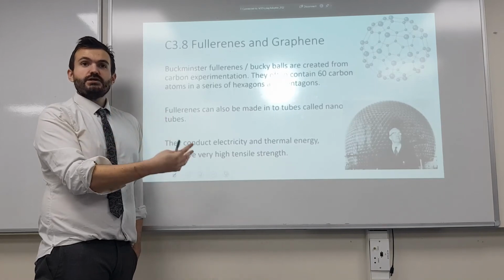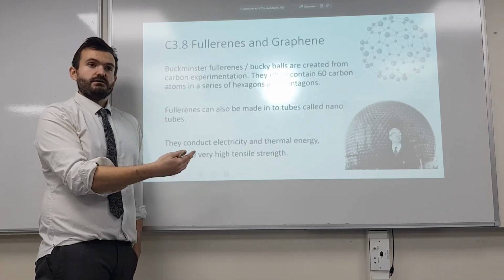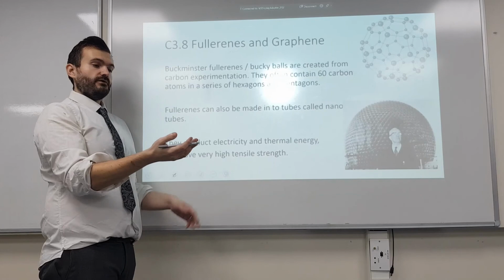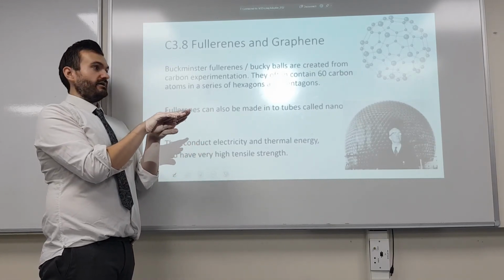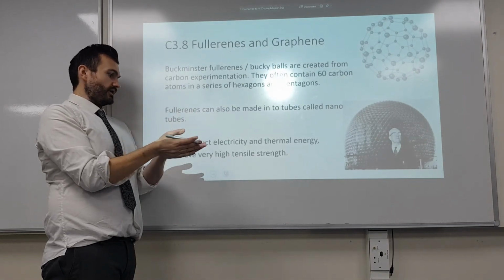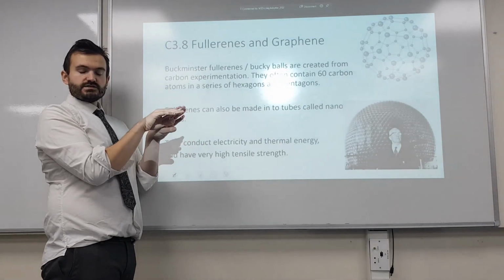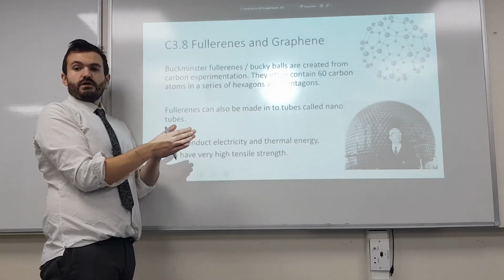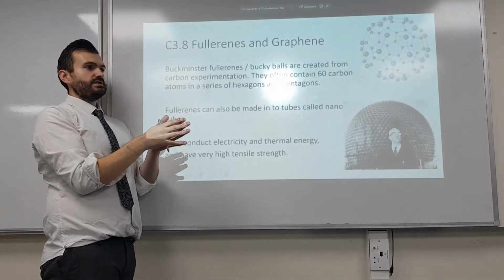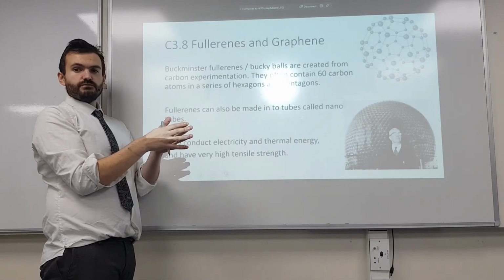We can also create nanotubes. Nanotubes are like graphene or graphite, but they're in a tube shape. They have very high tensile strength, so they could potentially be used for things like wires or cables. They can conduct electricity and thermal energy, so it's very unusual.